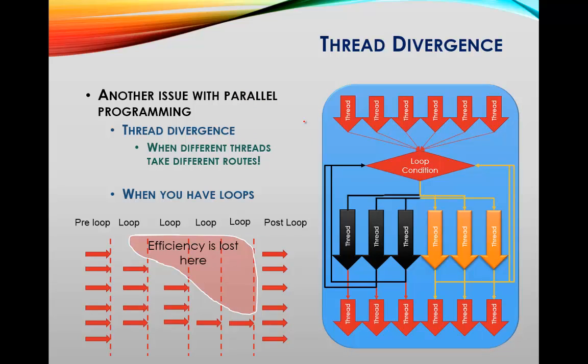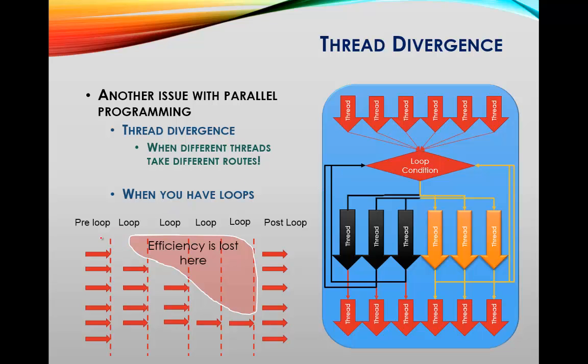Now, this thread divergence is exacerbated, made a little bit more severe, when part of the routes that these threads are taking is caused by loops in your operation. This is a very good example of what happens. For example, you have a bunch of threads that come in, and the block needs to perform a loop operation.